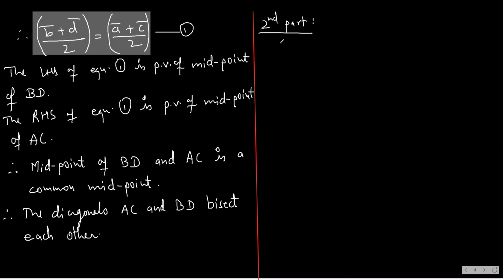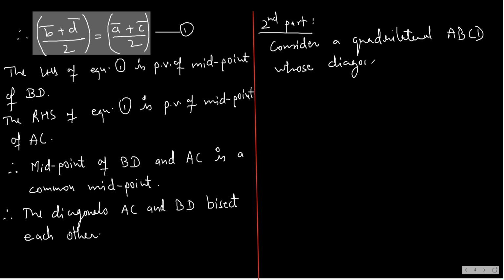I will start with: consider a quadrilateral ABCD whose diagonals AC and BD bisect each other. See, I have started with a quadrilateral where the diagonals are bisecting each other. I draw a quadrilateral.